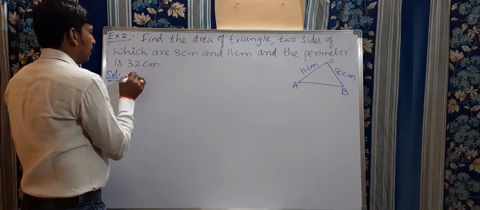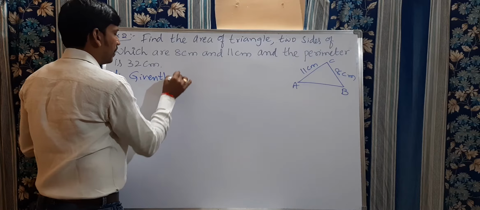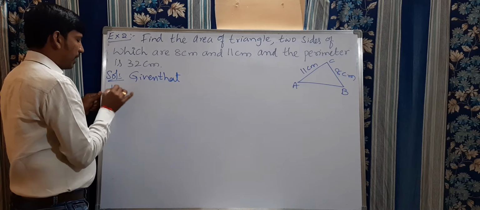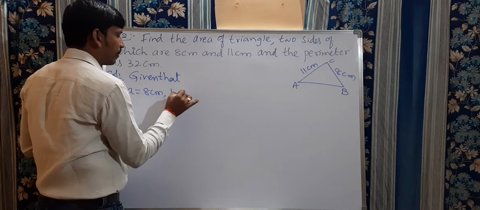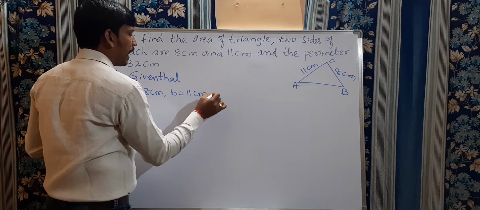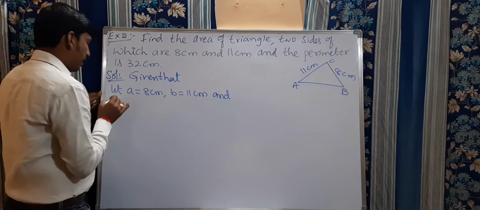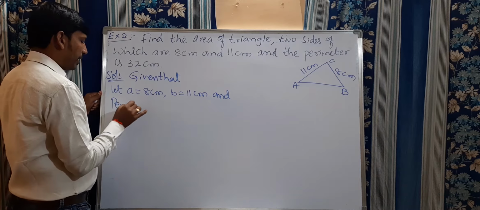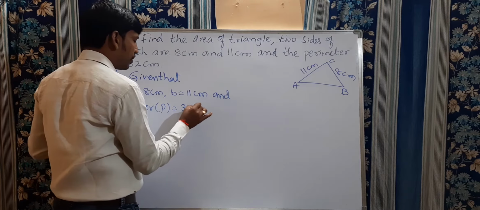Solution. Given that, let A is equal to 8 centimeter and B is equal to 11 centimeter, and the given perimeter P is equal to 32 centimeter.